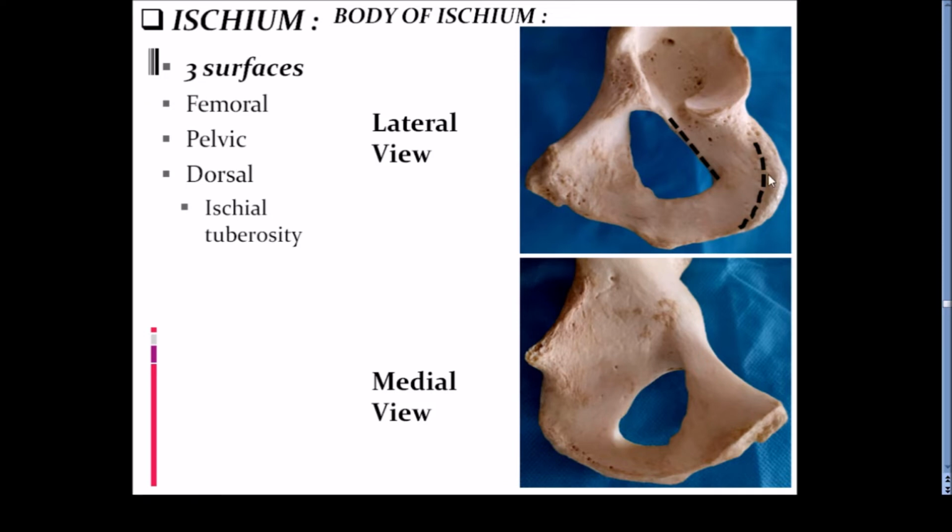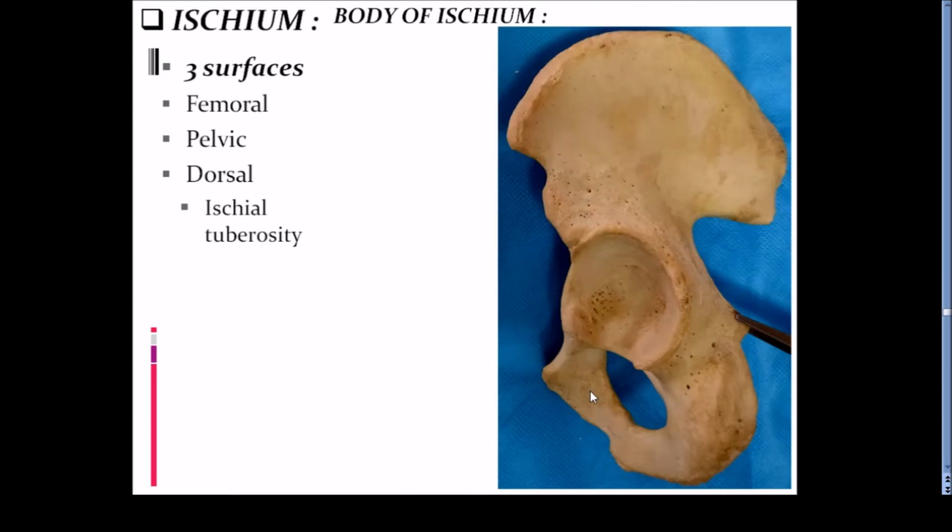Femoral surface lies in between the anterior border and the lateral border of the body of ischium. This is pelvic surface. Pelvic surface is smooth and it forms part of the lateral wall of the true pelvis.